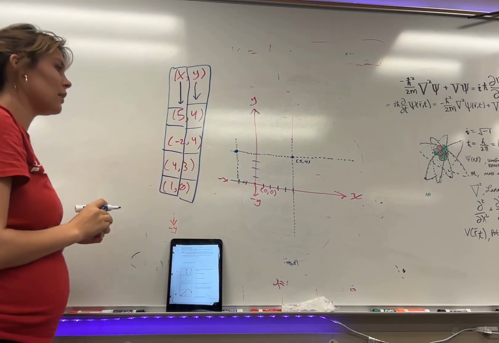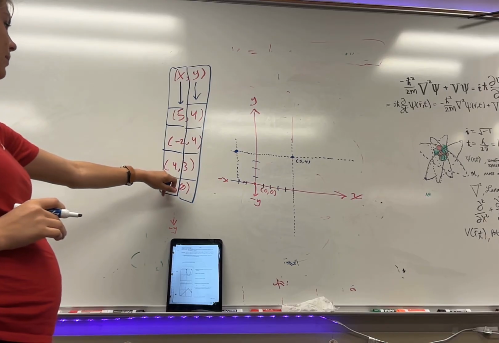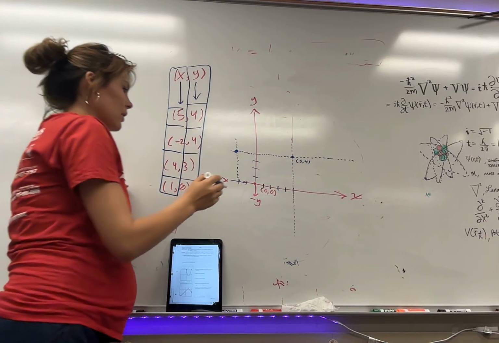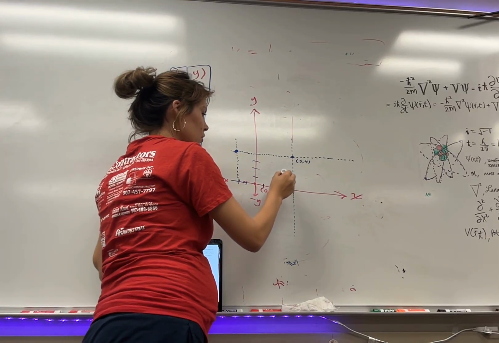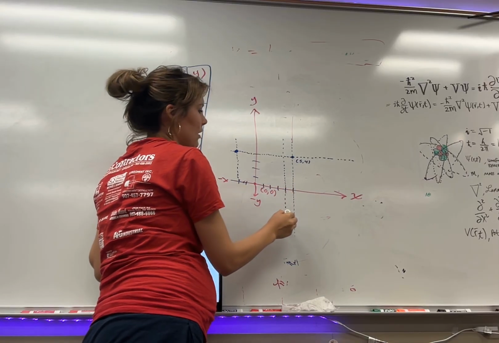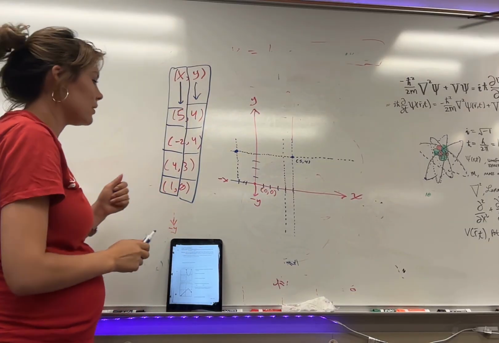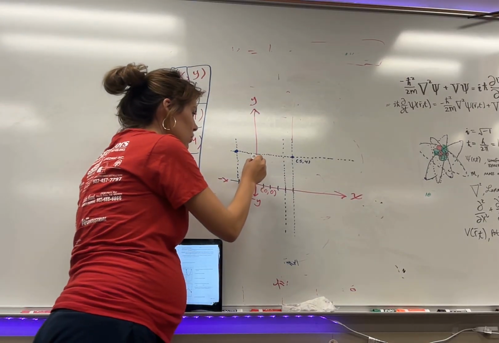Great. Now we have x equals 4, so at x equals 4, let's draw our dashed line, and we know that this x equals 4 line corresponds to y equal to 3, which is 1, 2, 3.